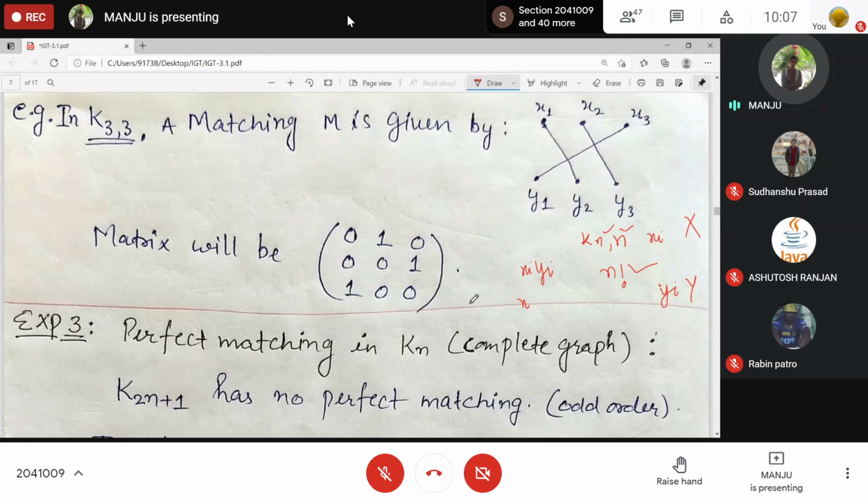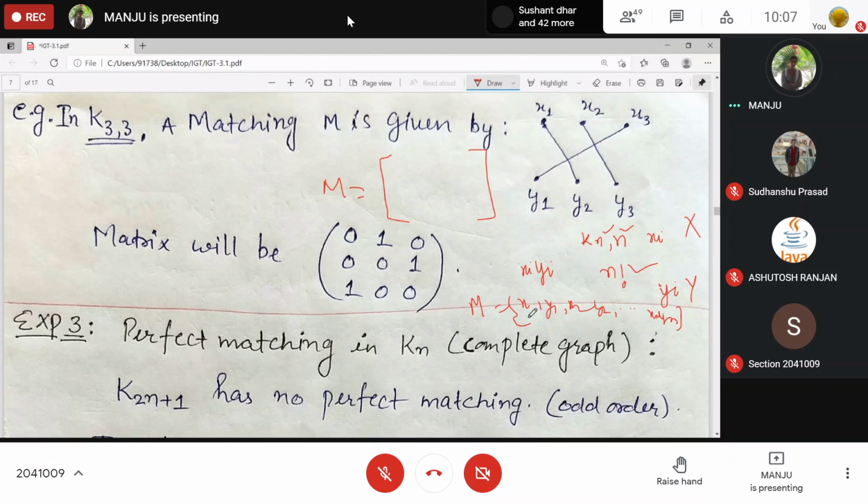That is, M contains the edges x1y1, x2y2, x3y3, and so on up to xnyn. So, can you tell me the permutation matrix corresponding to this matching? What will be the order of the permutation matrix?